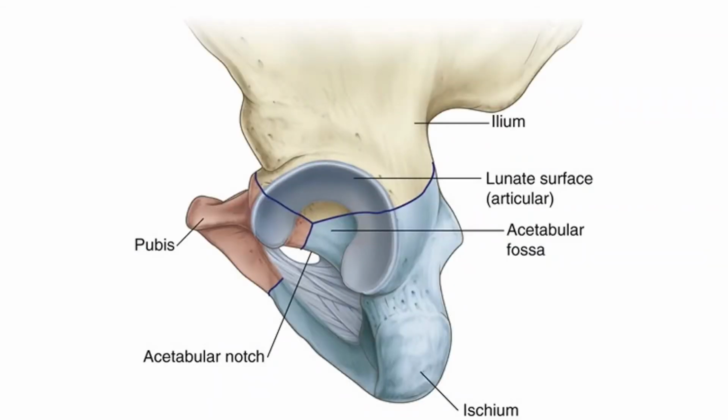Here is a view of the acetabulum, and the theme of this image is that the three hip components contribute to the formation of the acetabulum. Here is the contribution of the ilium, and here is the contribution from the ischium posteriorly, and the pubis as an anterior bone also contributes to the acetabulum.